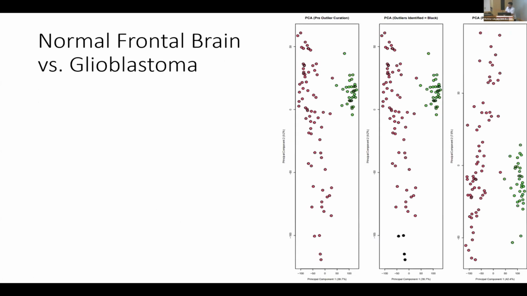Here I'm showing you a PCA plot of all the samples that we had. In green we have the normal frontal brain samples, and in red we have the glioblastoma cancerous patient samples. On this side we have the pre-filtered, and on this side we have the post-filtered, where we filtered out some of the outliers here on the bottom.